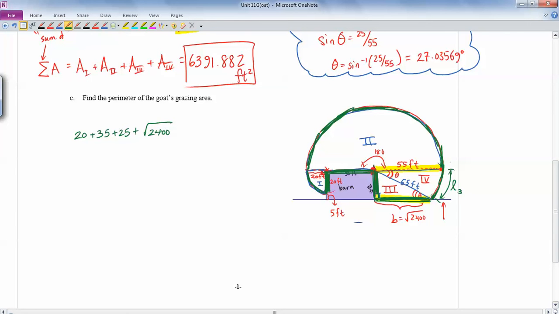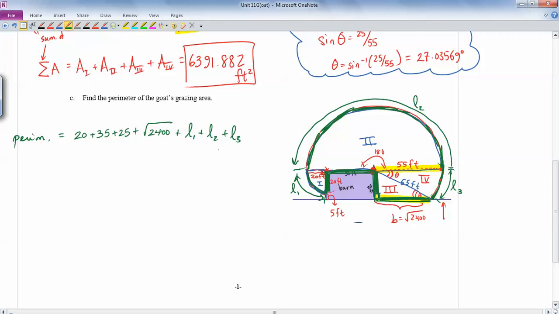This one would be L3. This one right here, I'm going to call L2. And then this arc length right here, I'll call L1. So I've got to add in L1 plus L2 plus L3 to get the perimeter.